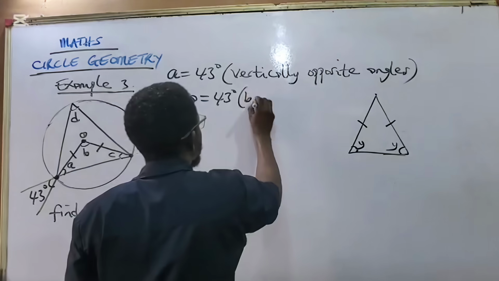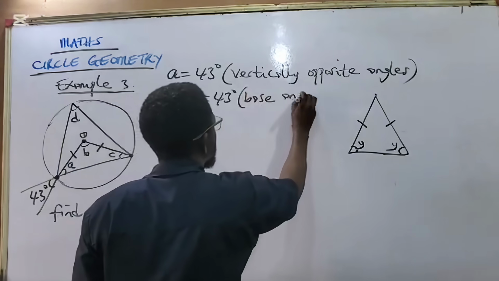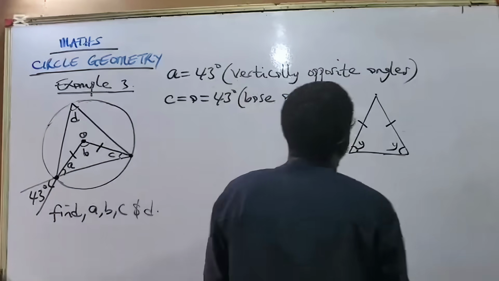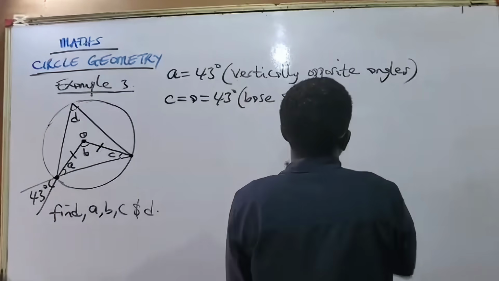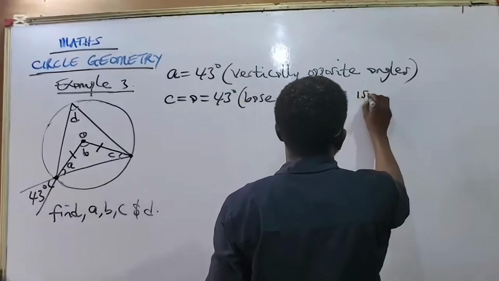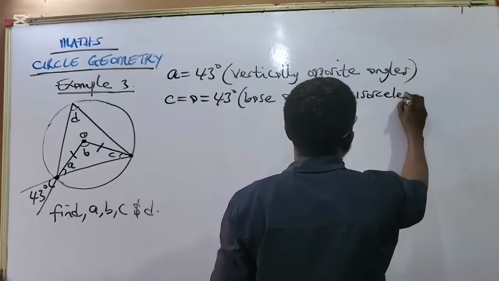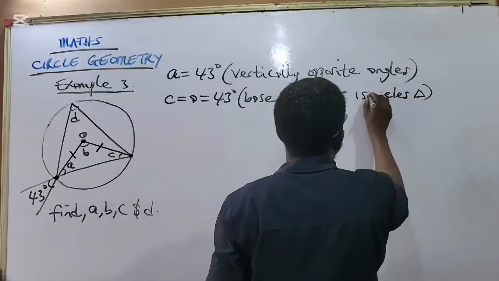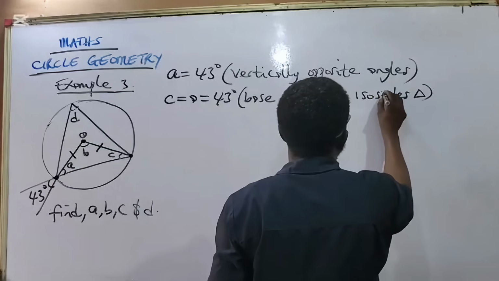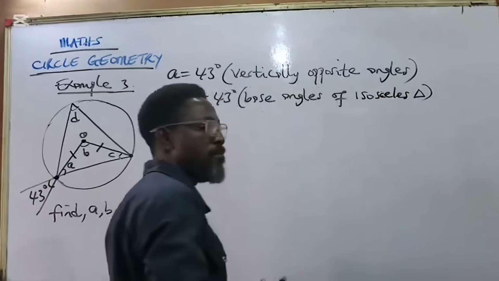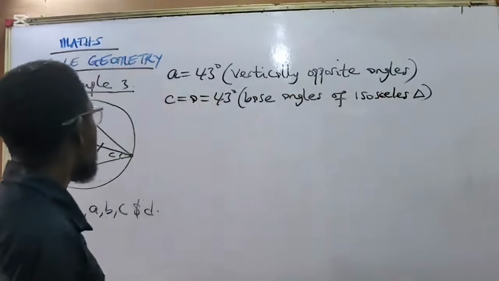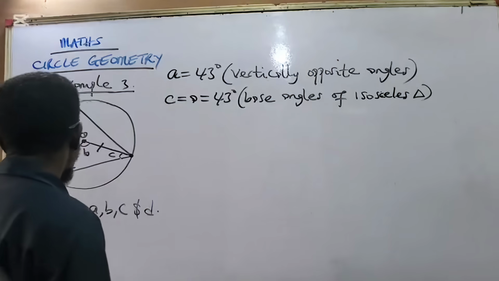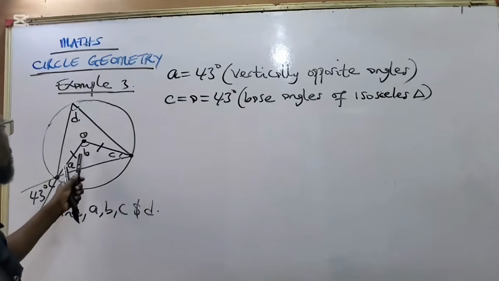These are the base angles of an isosceles triangle. The base angles of an isosceles triangle are equal.